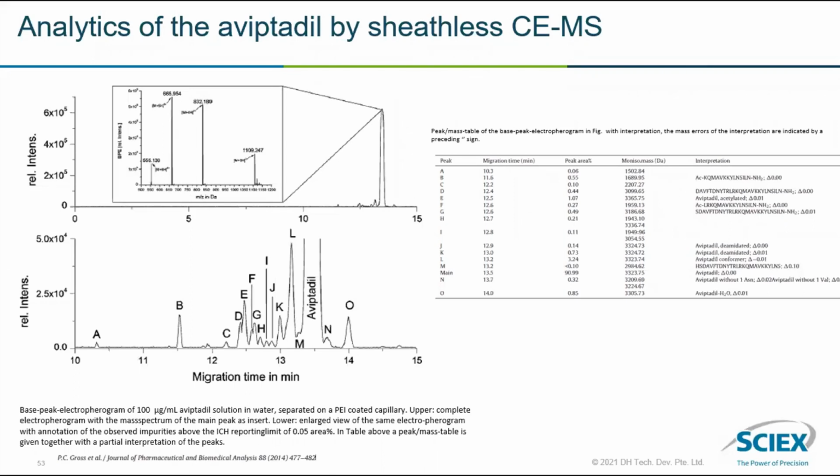This 0.05% threshold comes from the pharmacopoeia, because as per the pharmacopoeia, when we talk about peptide impurities, if any impurity is present at more than 0.05% in the sample, then we need to characterize and identify those peptide impurities.